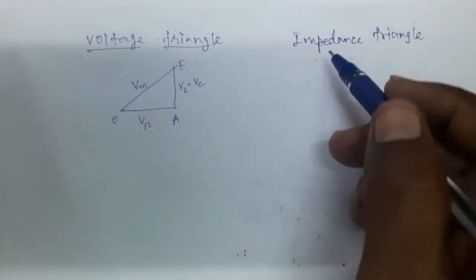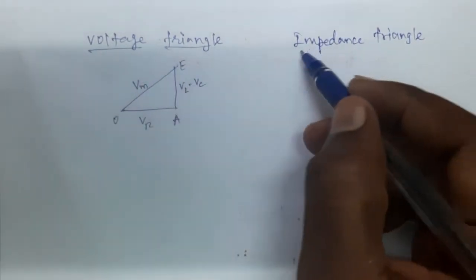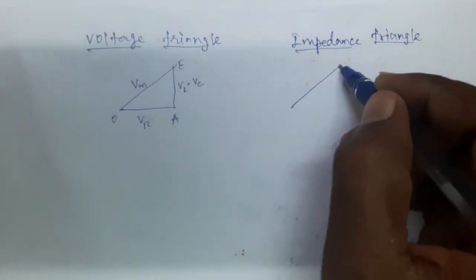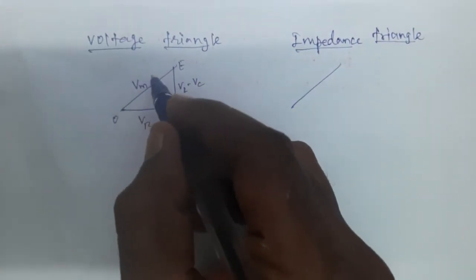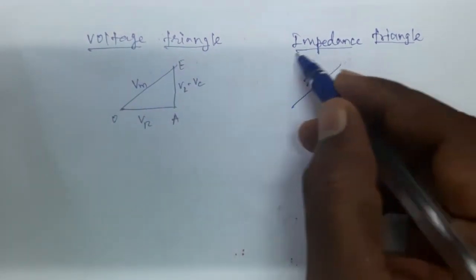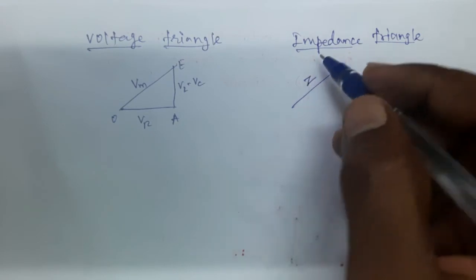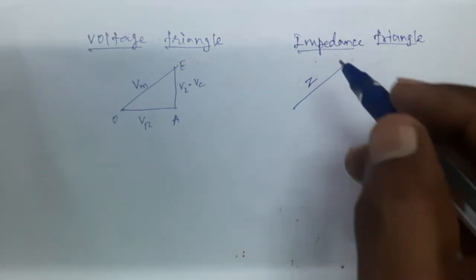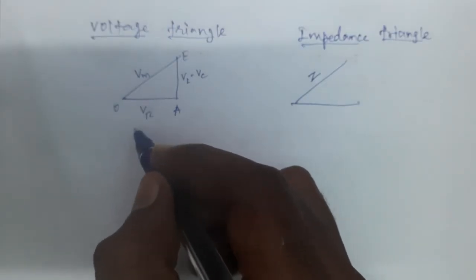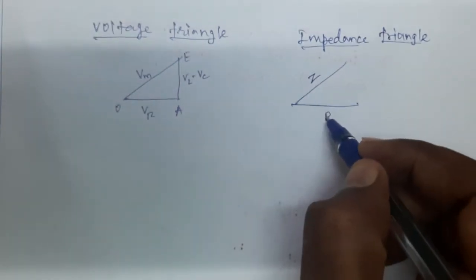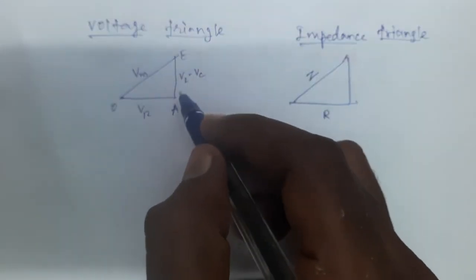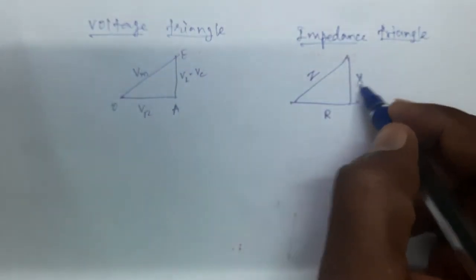Next, the impedance triangle. Instead of voltage, we are going to use impedance. VM formula is IZ. Remove I, take only Z, because it is the impedance triangle. Next, VR formula is Im times R. Remove I, so write R alone. Now VL formula is Im times XL. Remove Im, so XL.